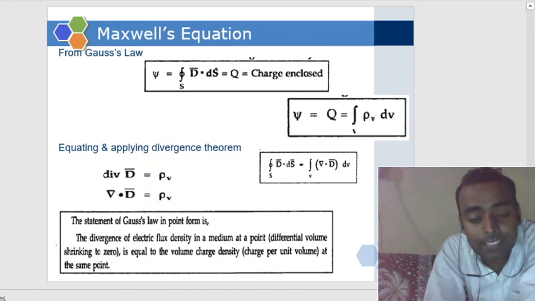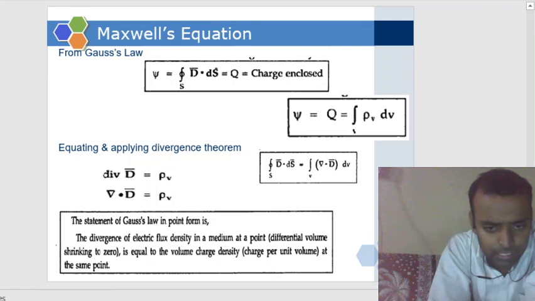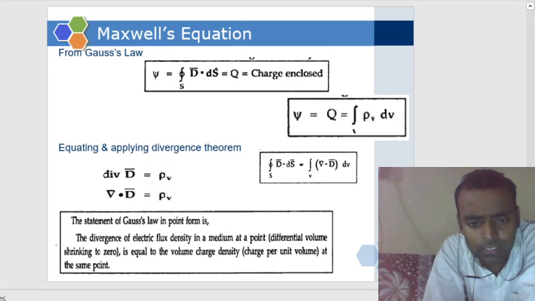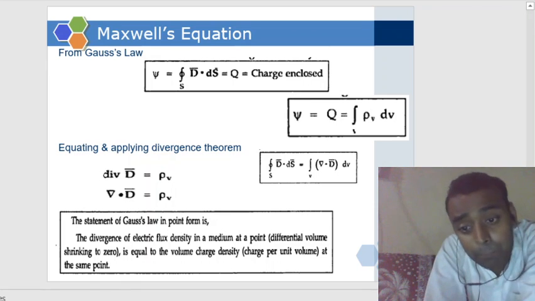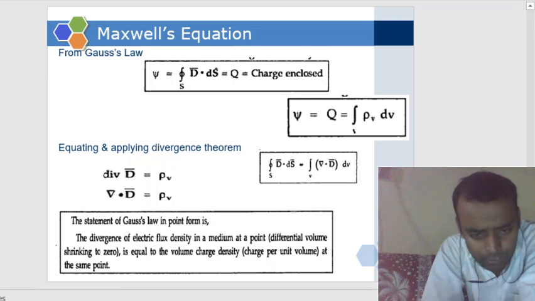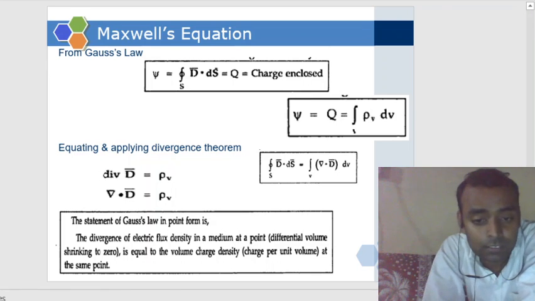Del dot D is equal to rho v, and this is our first equation of Maxwell, which says that the divergence of electric flux density is equal to the volume charge density. It is also called the point form of Gauss law, which says that the divergence of electric flux density in a medium at a point, that is, with the differential volume shrinking to zero as according to this slide, is equal to the volume charge density at the same point.